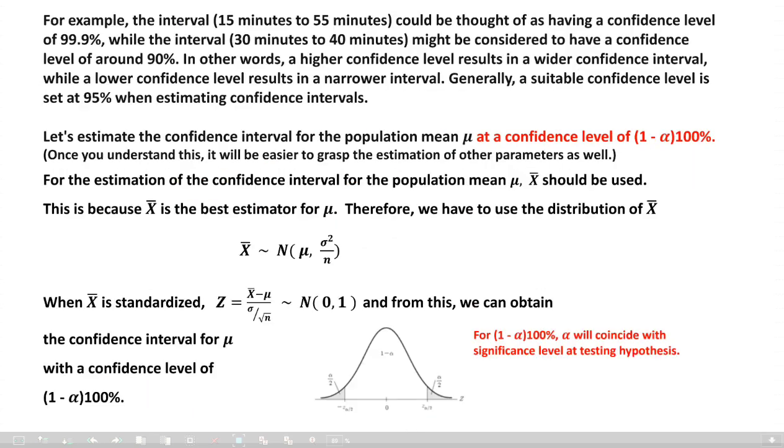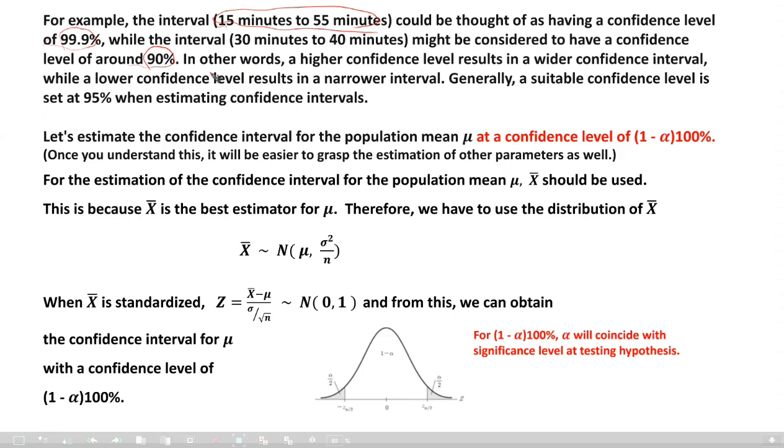Okay, let's go. For example, the interval 15 to 55 could be thought of as having a confidence level of 99.9%, almost 100%. That is an extremely exceptional case, so I don't like to say 100%, okay? While the interval 30 to 40 might be considered to have a confidence level of around 90%.